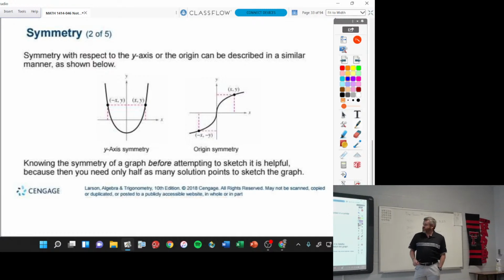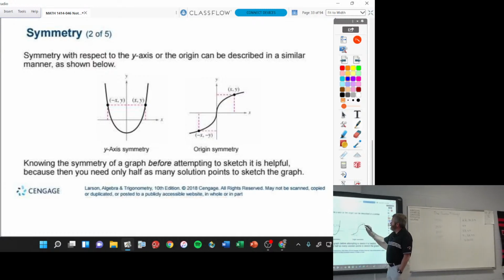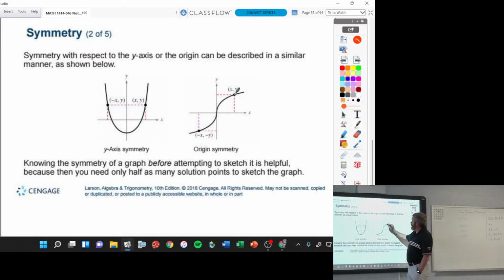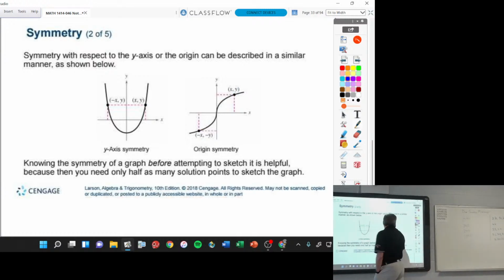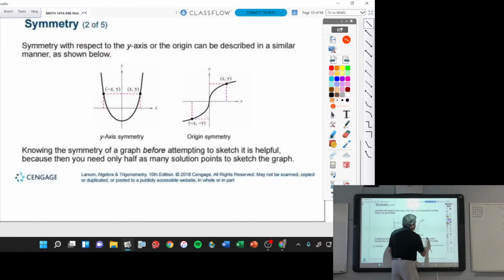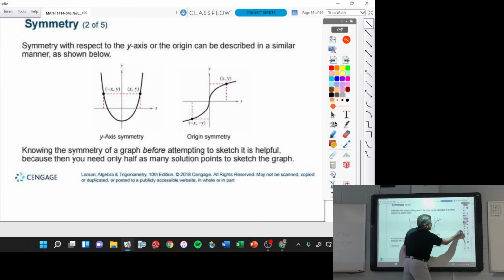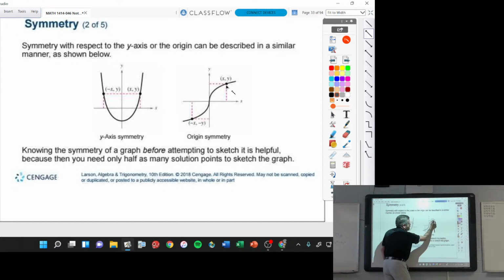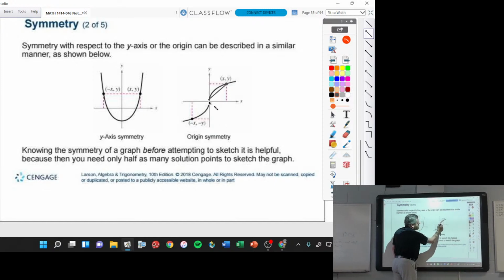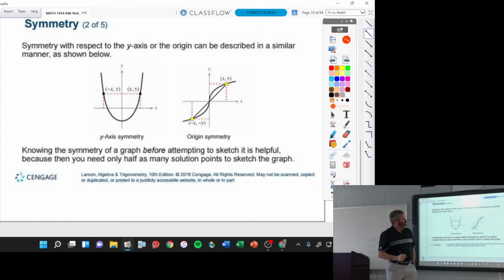And the last bit of symmetry is called origin symmetry. Origin symmetry, if I have any point, call it (x, y) on the graph, if I changed both of those to negative, so instead of (x, y) I changed it to (-x, -y), that point is also on the graph. And if I was to draw a straight line right through those points, you would see that that line does in fact go directly through the origin.